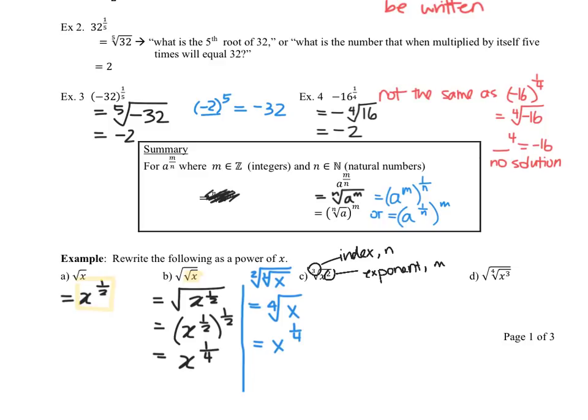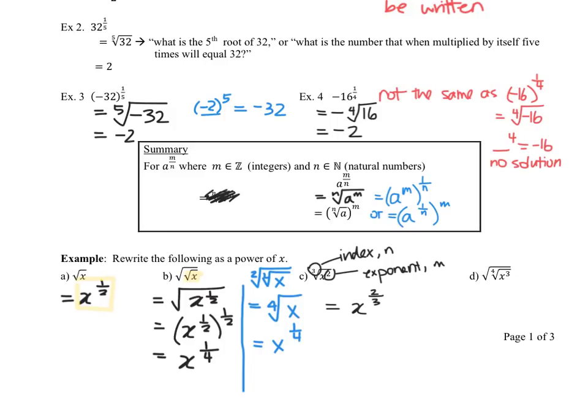So following the rule from the summary box up above, this would mean you would just rewrite this as x to the exponent of 2 over 3. That's it. Okay, so this exponent 2 will become the numerator, and the index 3 will become the denominator. So you always have to follow that rule.